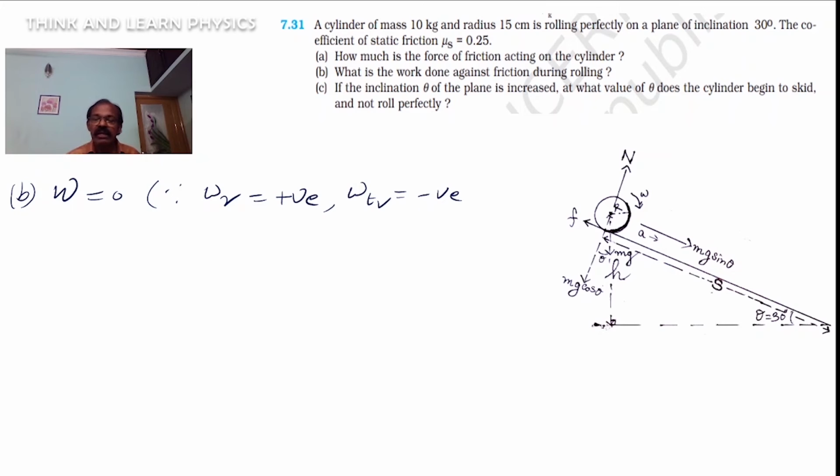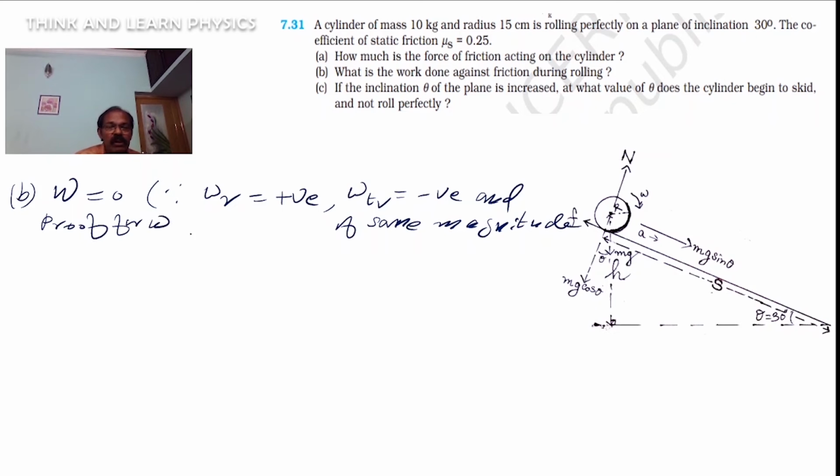Therefore, the work done by the force of friction for translative motion will be negative, and they will be of the same magnitude. So that's the reason why the total work done is 0. Let us give a proof for this: total work done equals 0.